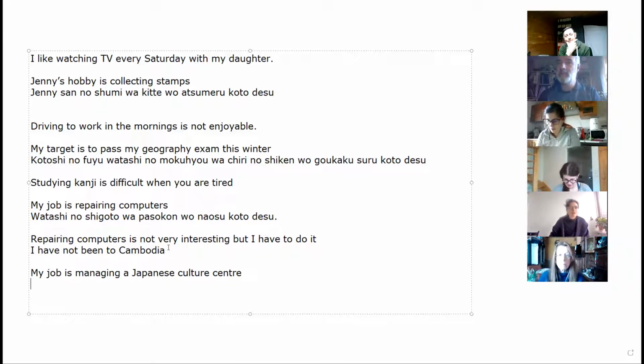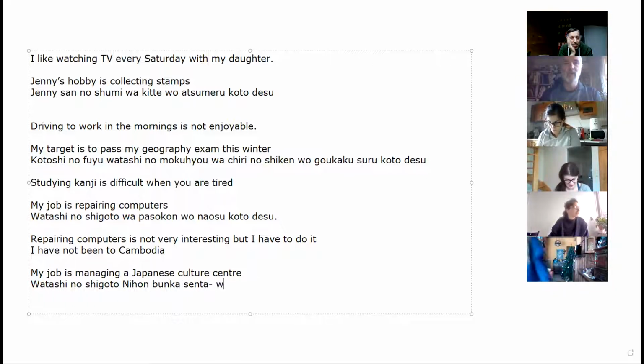You're muted at the moment, by the way. はい。私の仕事は日本文化センターをmanaging. So there's actually a general, really easy verb for this. It's マネージする。 マネージすることです。 Very good.